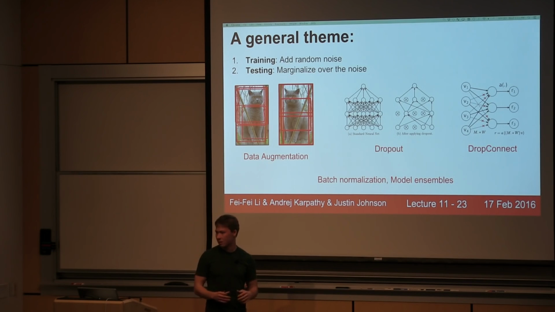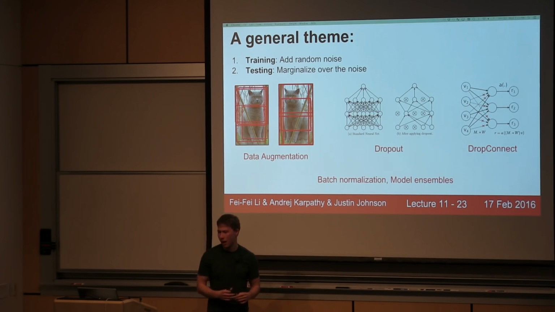This also appears with batch normalization, since with batch normalization, your normalization constants depend on the other things in the mini batch. During training, the same image might end up appearing in mini batches with different other images. So that actually introduces this type of noise at training time. But in all of these examples, at test time, we average out this noise. For data augmentation, we'll take averages over many different samples of the training data.